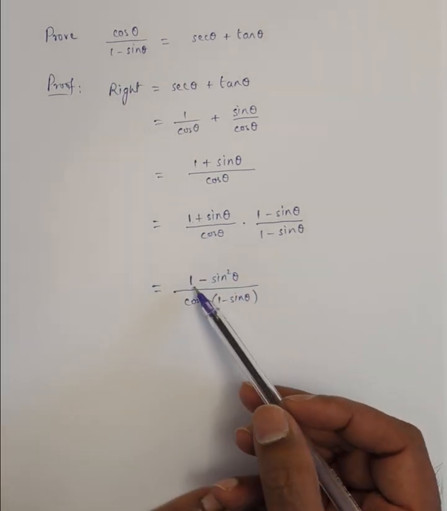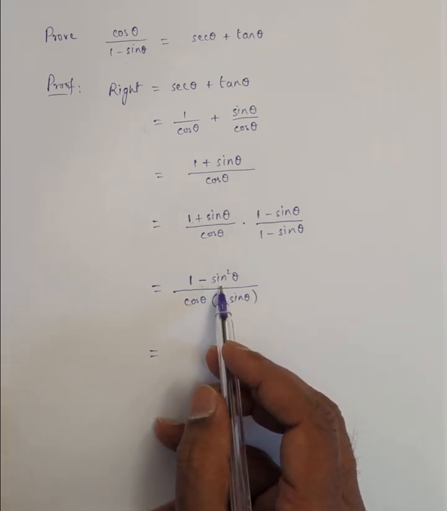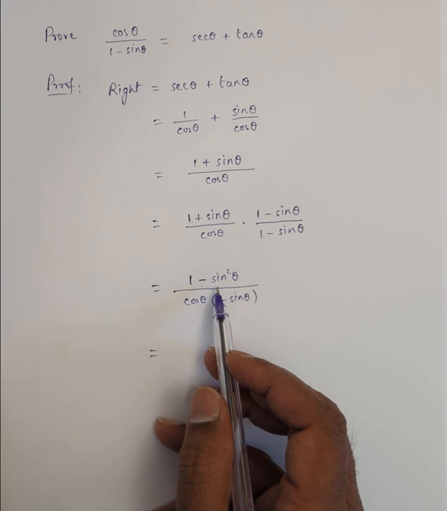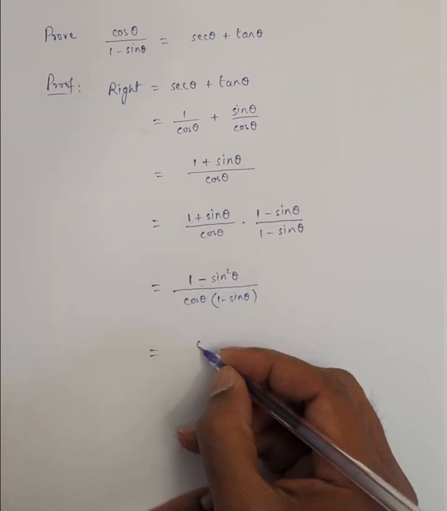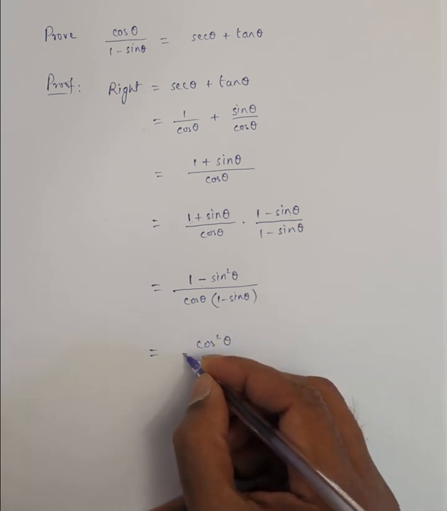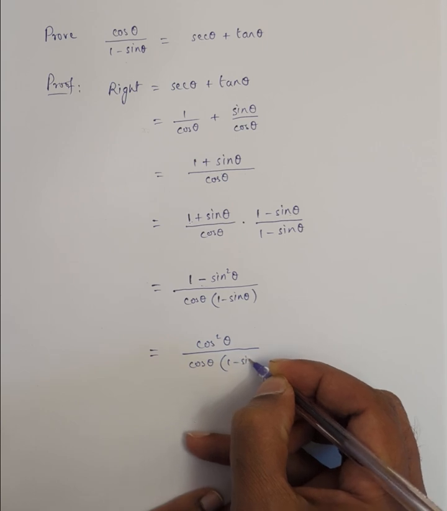Now, what can we say about 1 minus sine square theta? Well, that's just cos square theta because sine square plus cos square is 1. So 1 minus sine square would be cos square theta divided by cos theta times 1 minus sine theta.